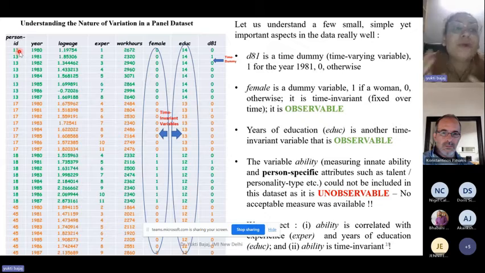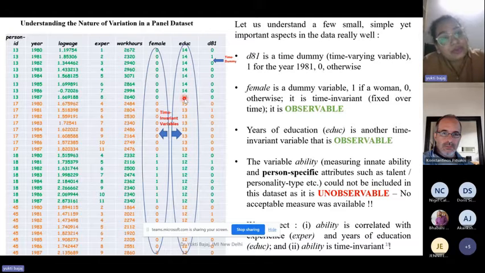He will not become a woman the next year, right? That means this kind of data point is time invariant. It doesn't vary with time, and it is observable. I can observe whether he's male or she's female. So these are time invariant observable variables.